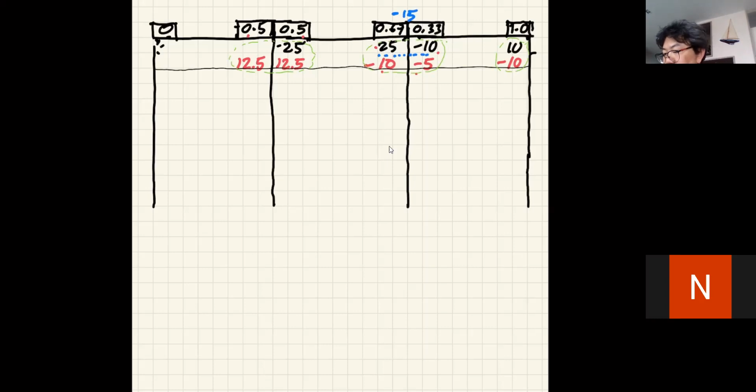Because you have 12.5 here. So when you have 12.5, a half of this must exist across the member. So that is 6.25. Okay. This exists here, so a half must exist at the opposite end, 6.25.